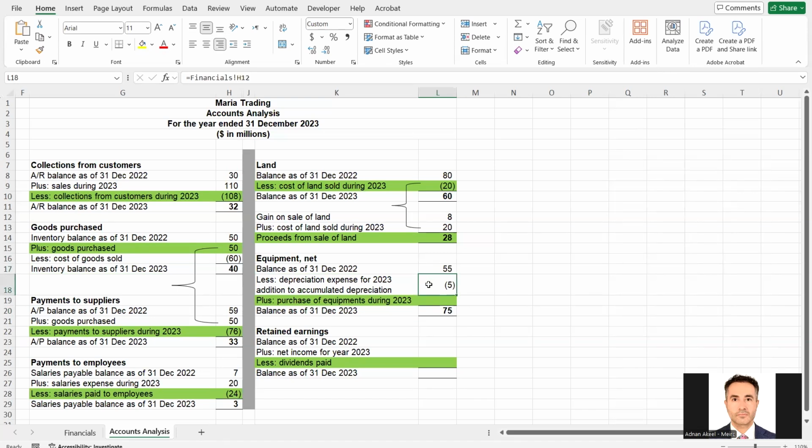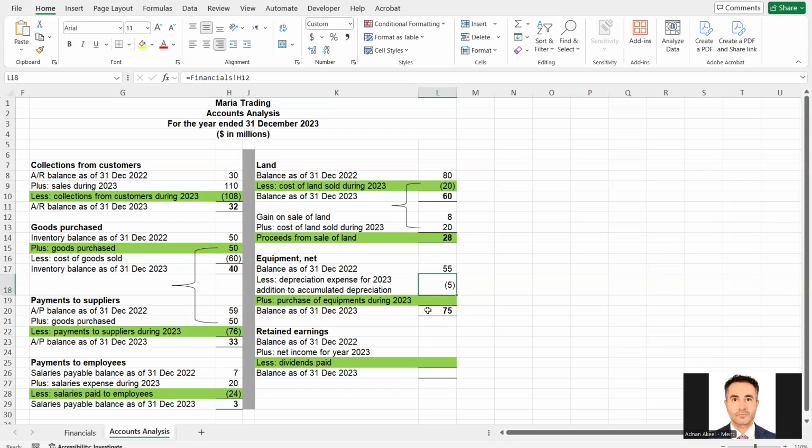So from a net book value perspective, assume I did not add any single asset. What should be my ending balance? The opening balance, 55, less the depreciation of 5. So it should be 50. But in reality, how much is my real ending balance? 75.